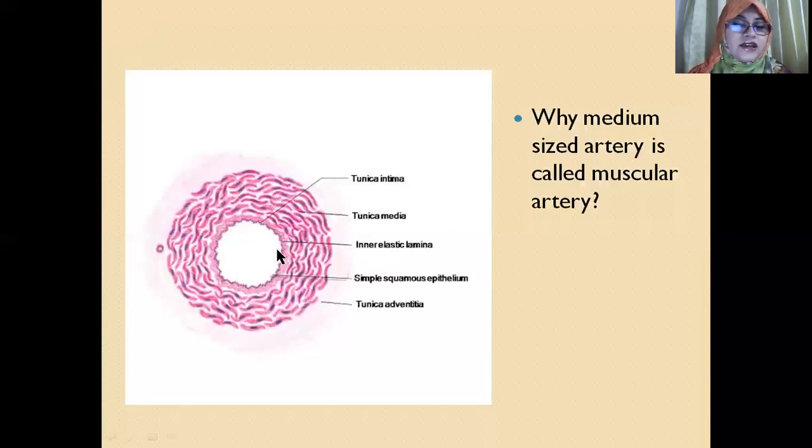Internal elastic lamina is more prominent in muscular or medium-sized artery than in elastic or large-sized artery, because in case of elastic artery, we know there is more elastic fiber present in tunica media, and so we cannot easily differentiate the internal elastic lamina from the elastic fibers present in the tunica media.